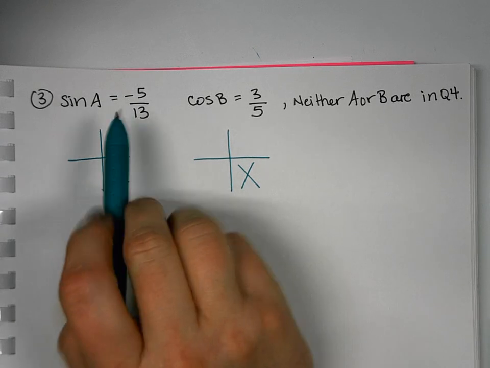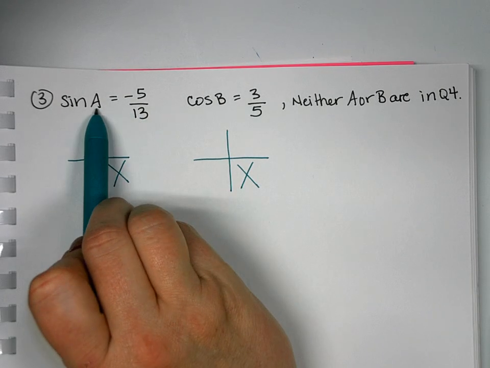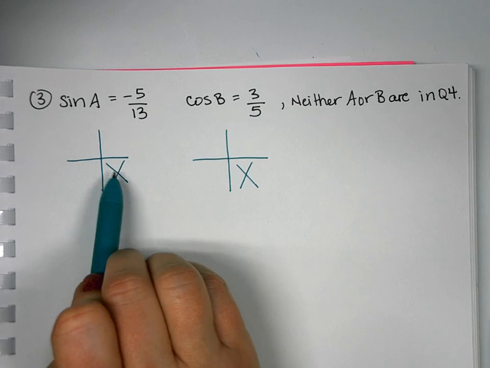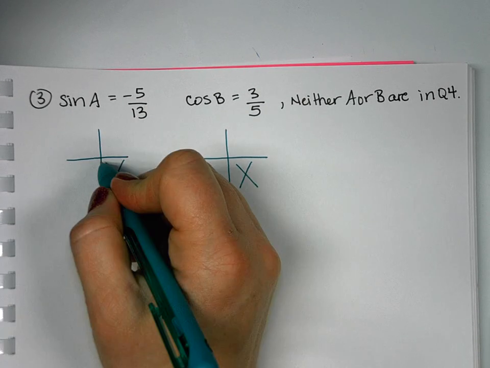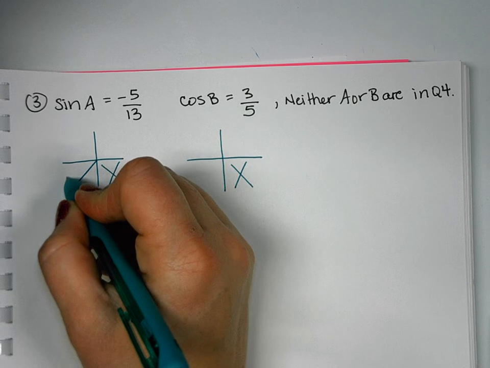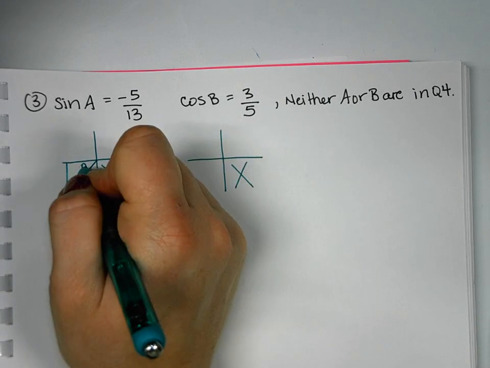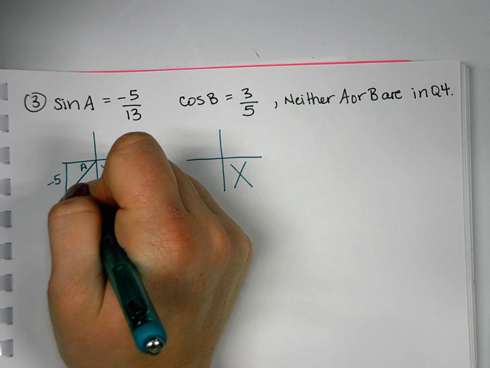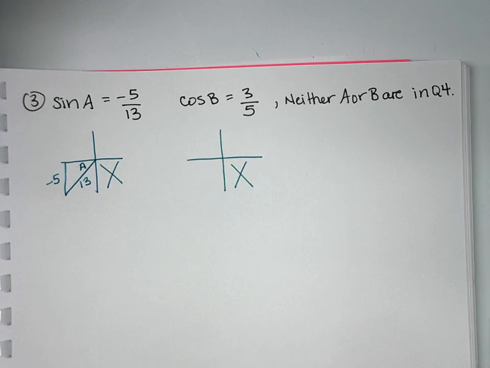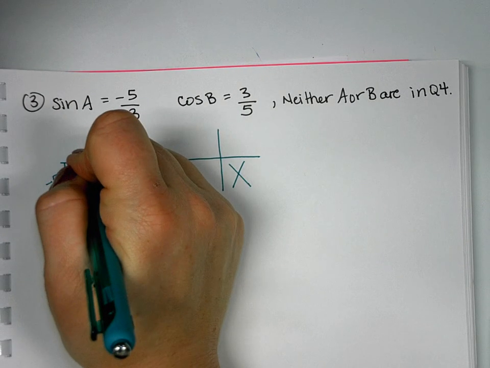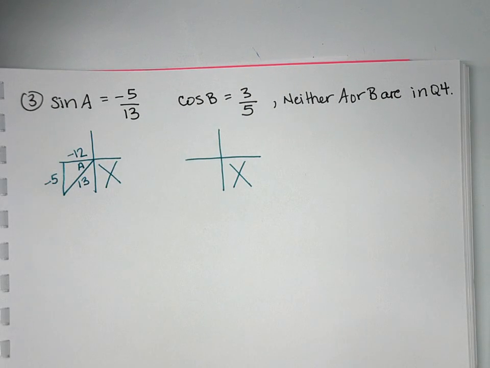Now if sine of A is negative, that tells me it has to be in 3 or 4, but if it can't be in 4, then I have to draw it over here. So here's my angle A. My sine, opposite over hypotenuse, and then I can use the Pythagorean theorem to get negative 12 for my adjacent.